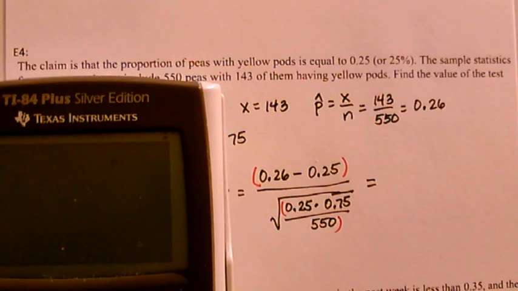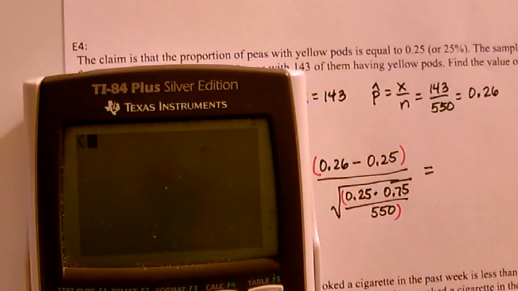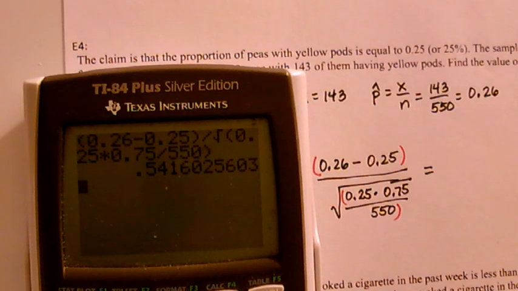So we enter left parenthesis 0.26 minus 0.25 close parenthesis divided by, for the square root, second x squared, and then 0.25 times 0.75 divided by 550, close parenthesis, and then hit enter.